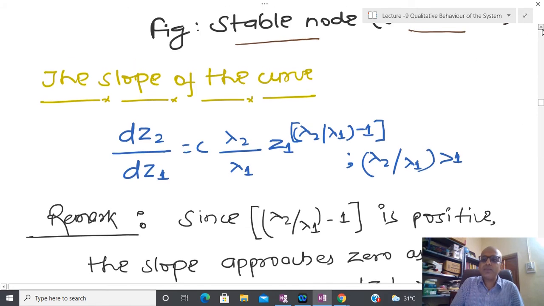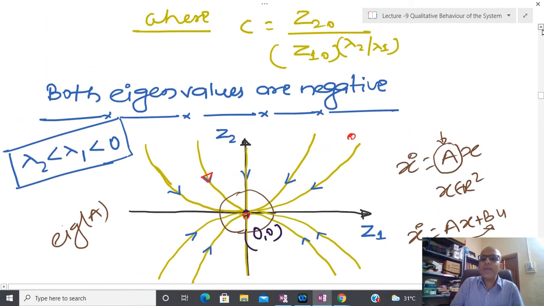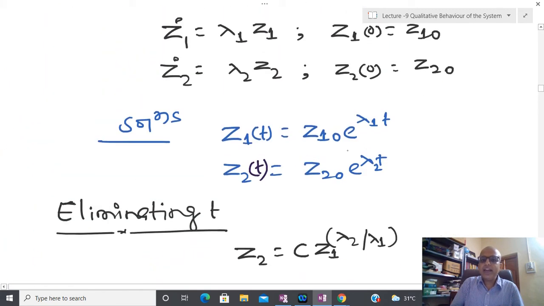If you have confusion, please look back to the time domain. It is very clear that if lambda 1 is positive and lambda 2 is positive, then z1 and z2 both increase with respect to time.